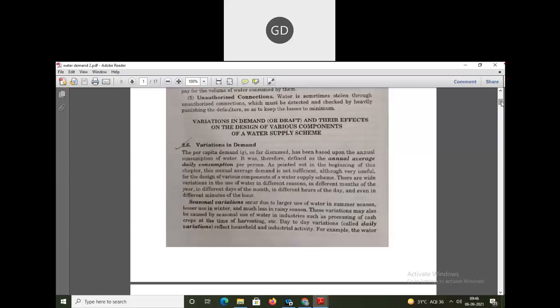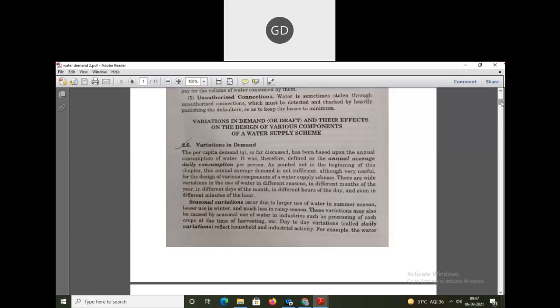So, seasonal variations refer to, during summer seasons, obviously people will use more water than in winter seasons. So this is a seasonal variation; according to the season, the water is being used.